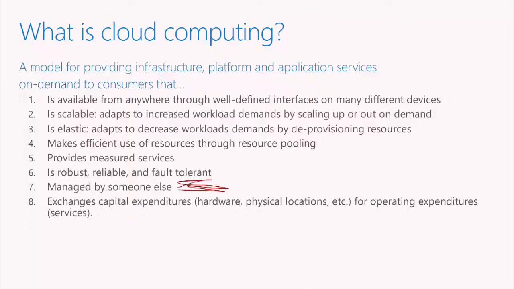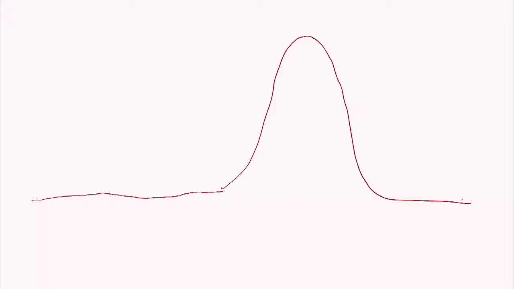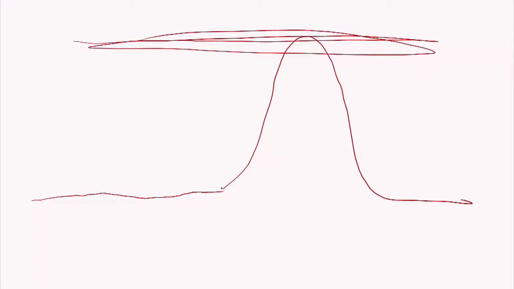So if you're, for example, an accounting company, you might have a pretty predictable workload over the course of a year, but then around tax time, your workload goes way up here. Well, if you're planning your own hardware, you've got to buy the hardware for this level, and that could be extremely expensive. What cloud computing allows you to do is operate at the level you need, and then when you need more computing power, scale up.